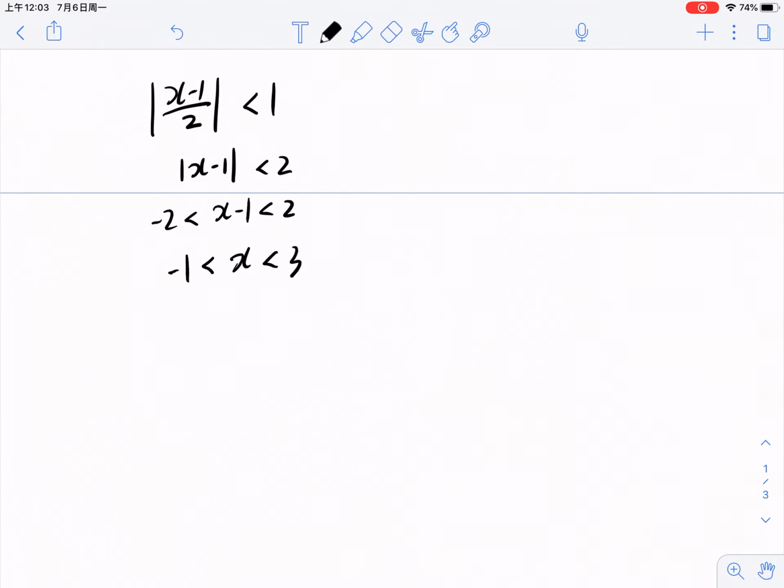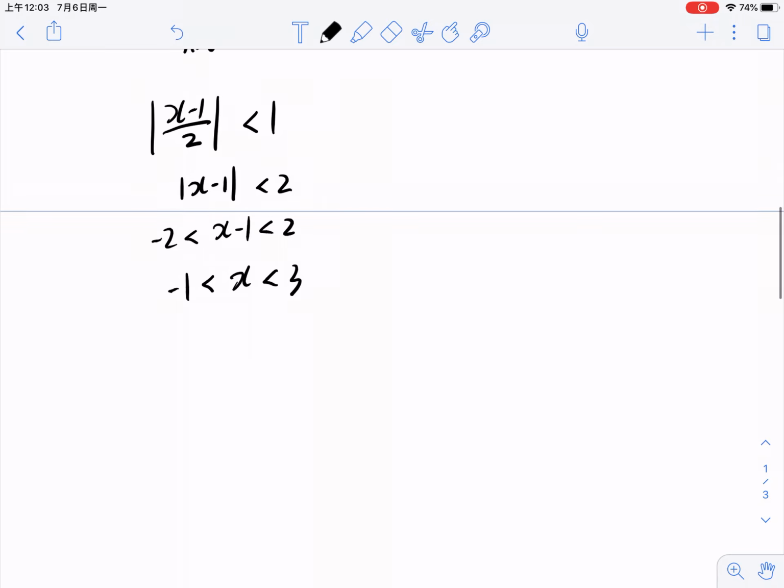So the series converges between negative 1 and 3. The series converges if x is greater than negative 1 and less than 3.